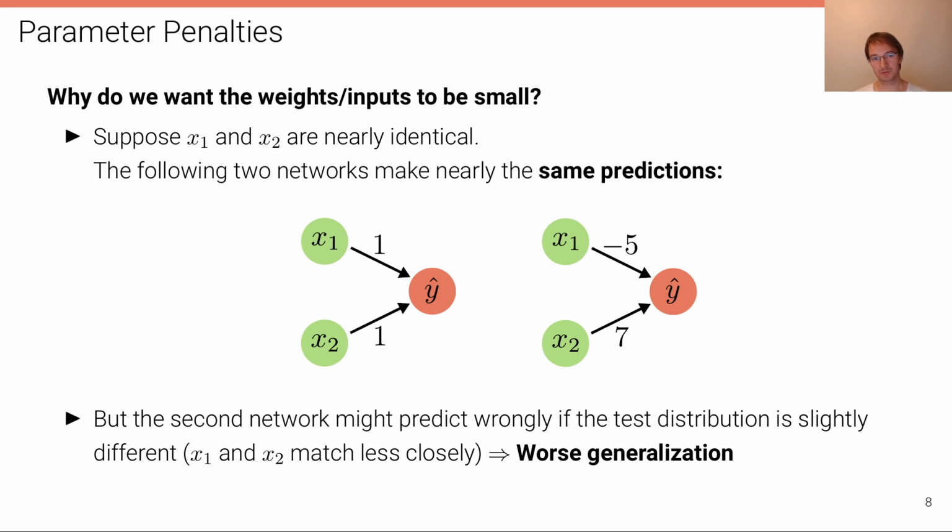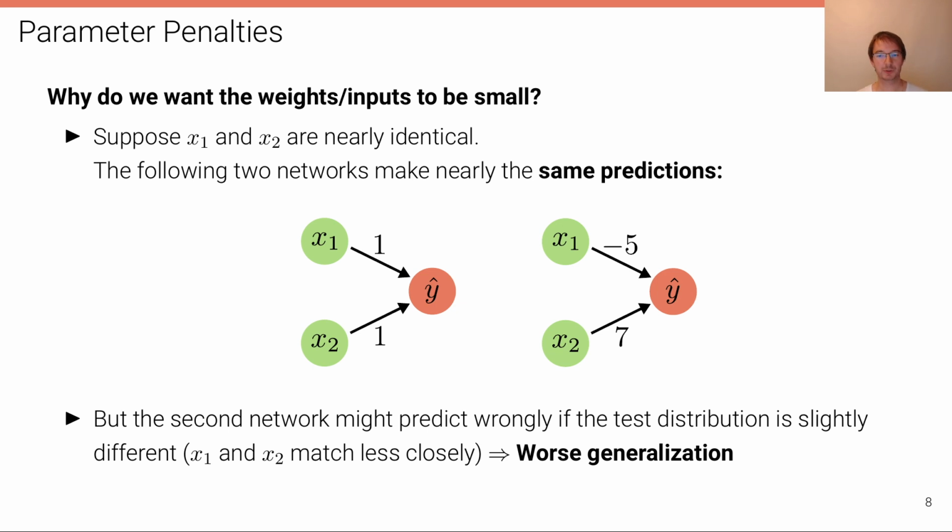And let's suppose these two networks are fed with nearly identical X1 and X2 that are close to M1, for instance. Then on the left we're going to predict 2, and on the right we're also going to predict 2. So the output is roughly the same.